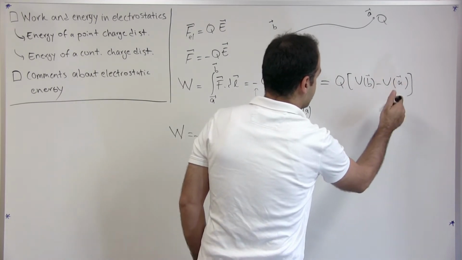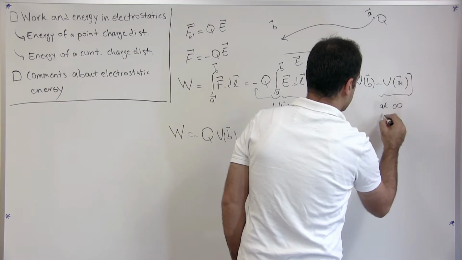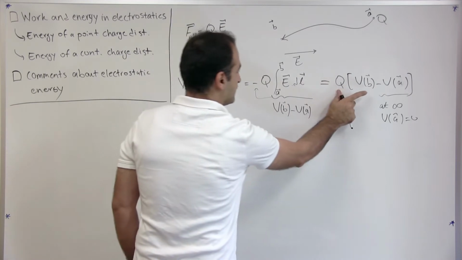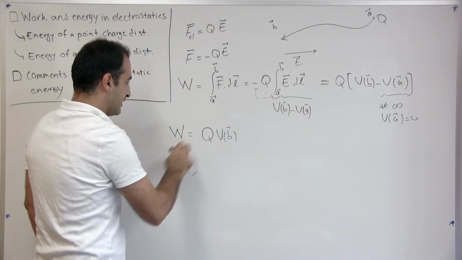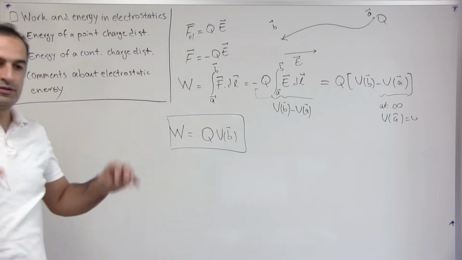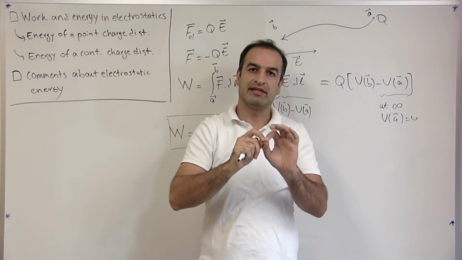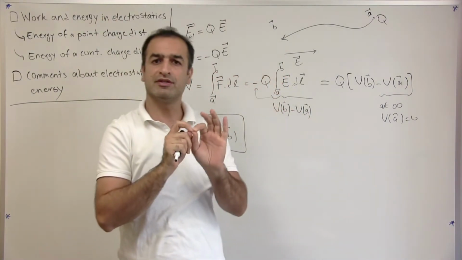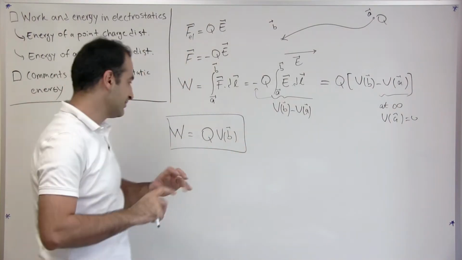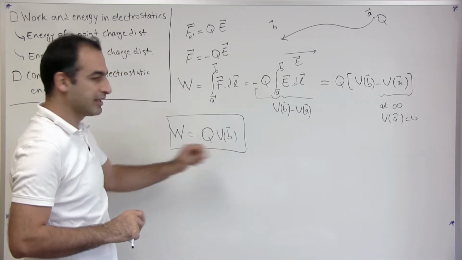If VA is at infinity, VA is 0, and then we will have Q times VB, and we don't have the negative sign here. So if you're bringing one particle all the way from infinity to a certain point where we already know what the electric potential is, we don't really need to care about the path or anything else. As long as we know the potential at that point, the work it takes is Q times VB.